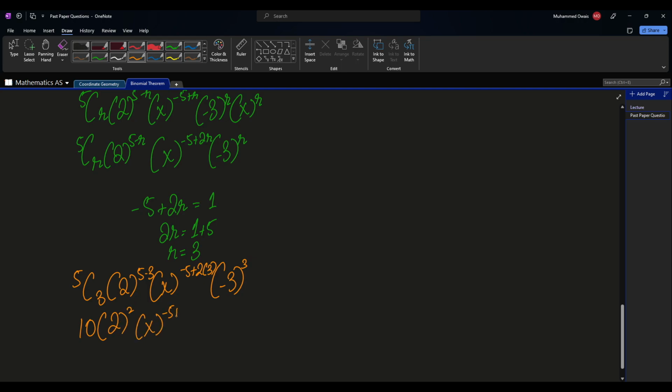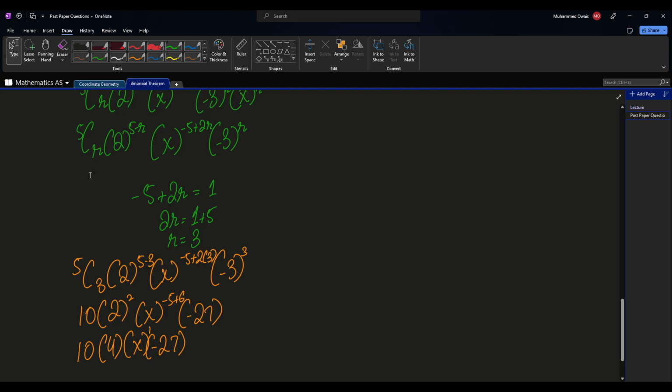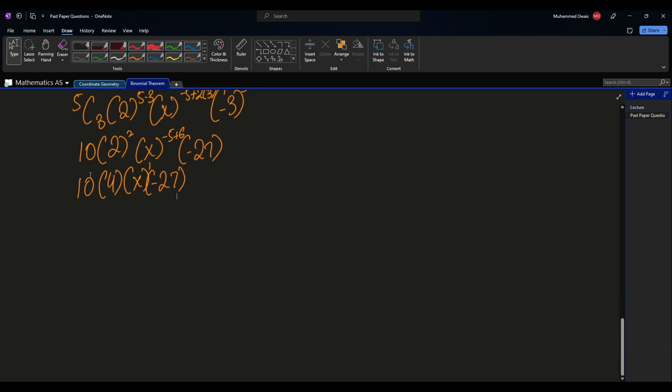X is minus 5 plus 6, and this is minus 3 which has a power of 3, so this will become minus 27. Now 10 into 4 into x power 1 into minus 27. So then 10 into 4 into 27 gives us negative 1080x. So the coefficient of x is minus 1080. That is our answer.